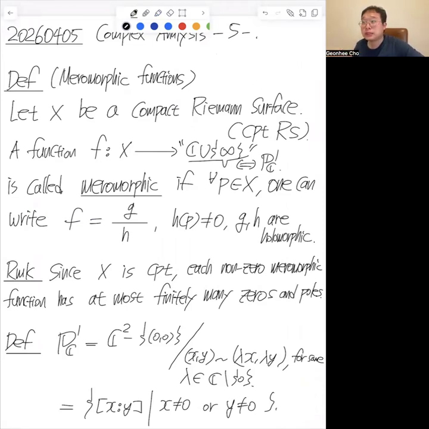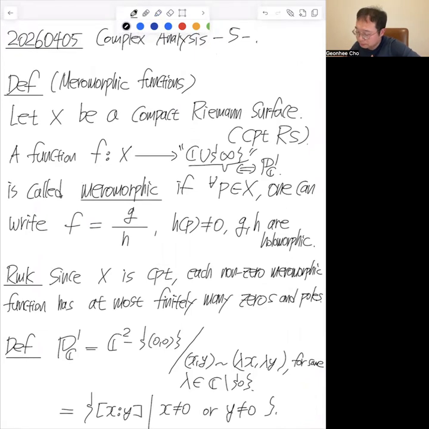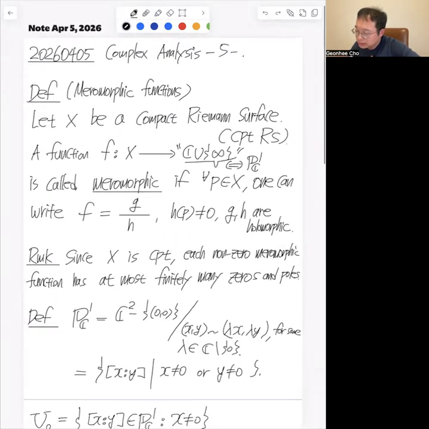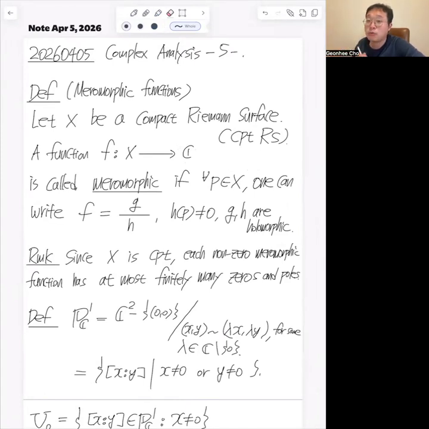So why is this useful? Sorry, I made an important mistake. I should say the codomain of a meromorphic function should be just C. So from this perspective, infinity is the point that we are not able to define in general.